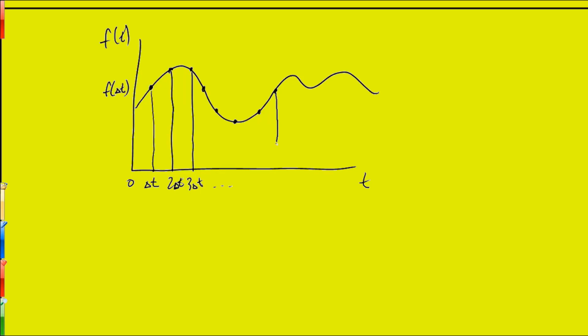In general, we can just call these k delta t, where k represents all of the integers 1, 2, 3, 4, up to however many you want to use to do your simulation. So instead of defining derivatives as a difference as delta t goes to 0, as the limit goes to 0, we're going to go back to the expression where delta t is not 0, but is some small number.